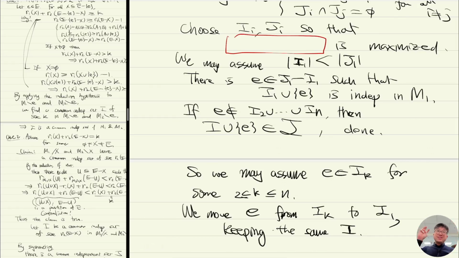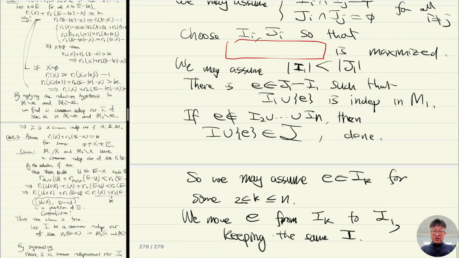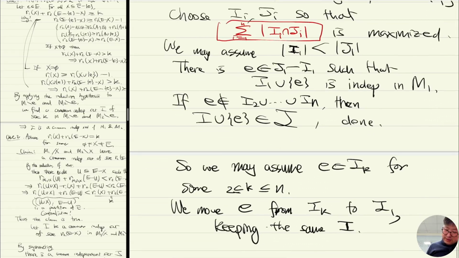I is the same, J is the same. Now what's different? Now the intersection of I1 and J1 is larger. So what I'm going to do is to maximize the intersection of this. All right. Now this is a contradiction.